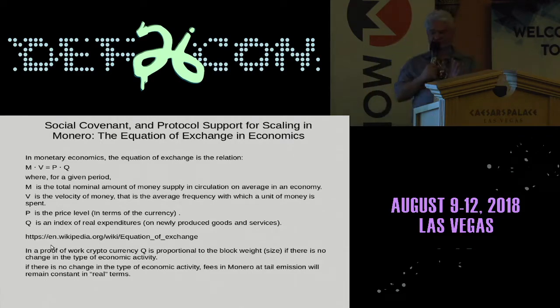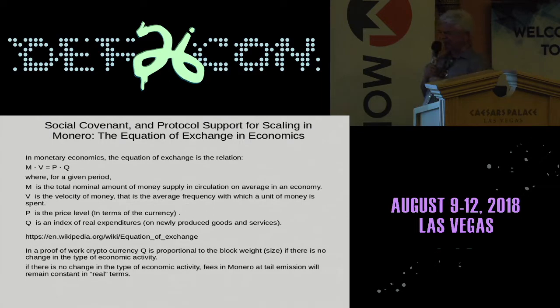V is the velocity. Now, people familiar with the velocity of money? It essentially is how fast the same piece of money circulates. So you get, say, in the US dollar example, you receive, say, a salary, and then, say, 90% is spent within the 90-day period. Then how long before that same dollar comes back to you? That is actually the velocity of money.